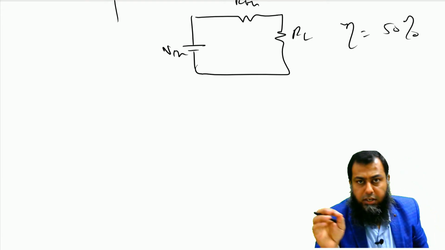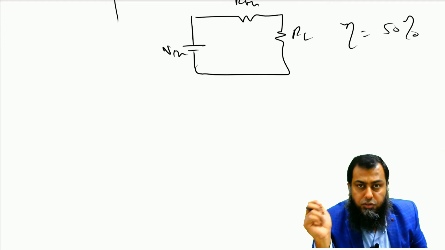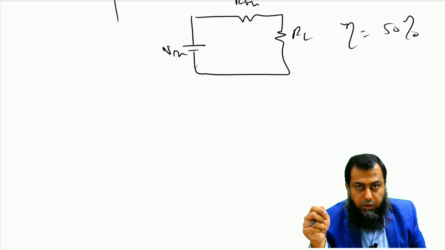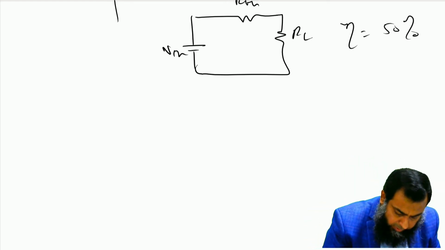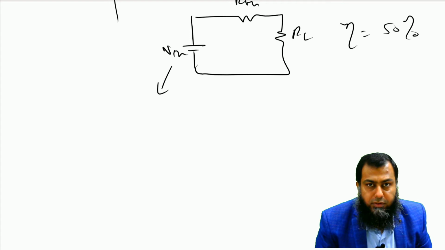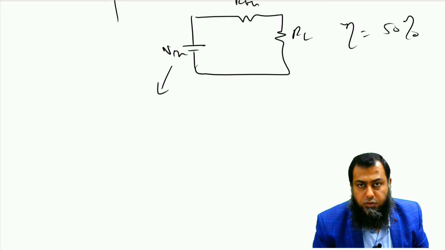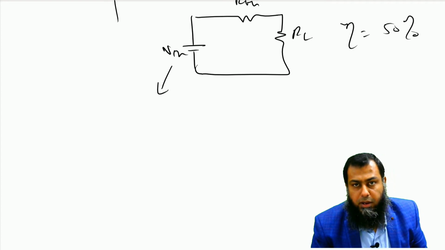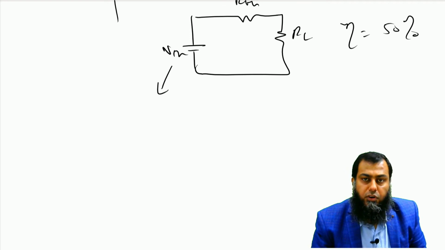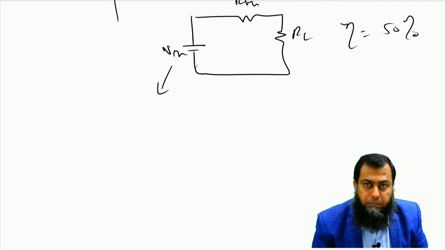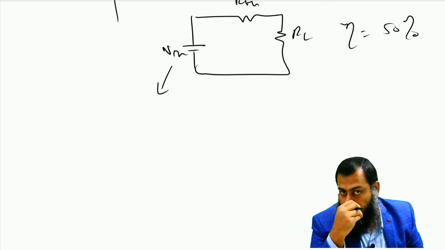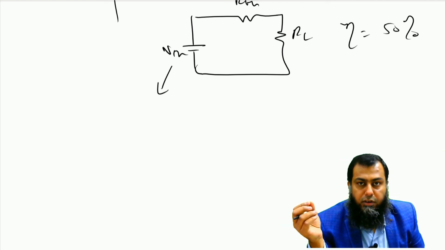This means that all the circuits containing questions of RL require all the techniques that we have learned so far, because to find this V Thevenin, the circuit may have dependent sources, it may have independent sources, it may have a network where only you can apply mesh analysis, it may have a network where only you can apply the node voltage method, or you can go for the super node method and the super mesh method, and thereafter you have to apply KCL and KVL, and sometimes you may require the concepts of equivalent resistance.